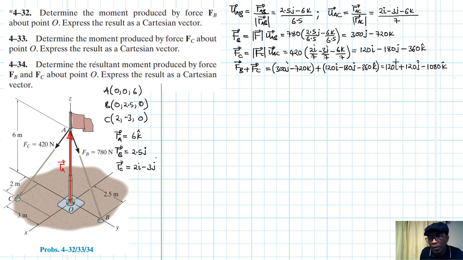Okay. So we found at least what we need for now. Let's go to case 4-32. Case 4-32. That's our first case. So what are we finding here? This is a moment due to FB, right?